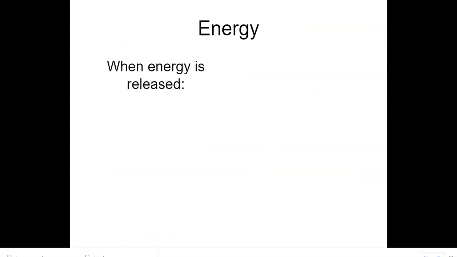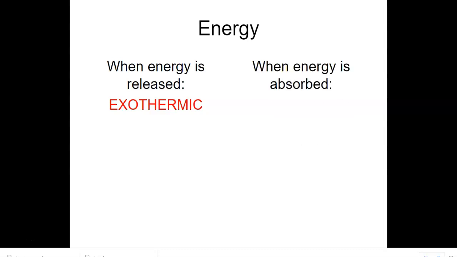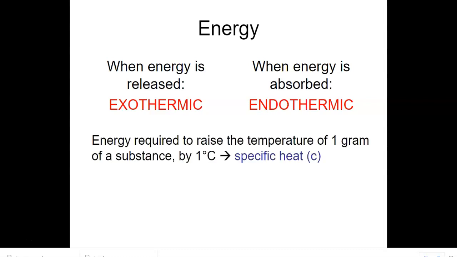So when energy is released, it's called exothermic. So that's when you're going to feel heat, when energy is released. When it's absorbed, it's going to be endothermic. It's going to feel cold. The energy required to raise the temperature of 1 gram of a substance by 1 degree is called its specific heat.